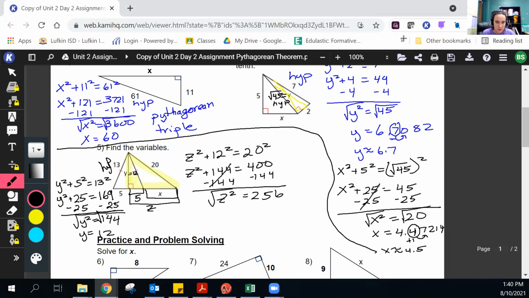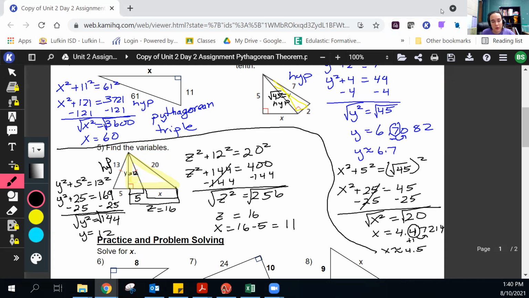I'm going to take the square root of both sides. And that gets us 16. So we know that z is 16, but we just want x. Z is this whole length, so we need to subtract 5 from 16, and that gets us 11.